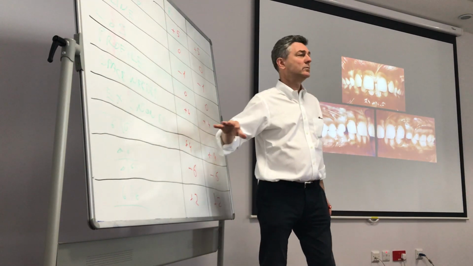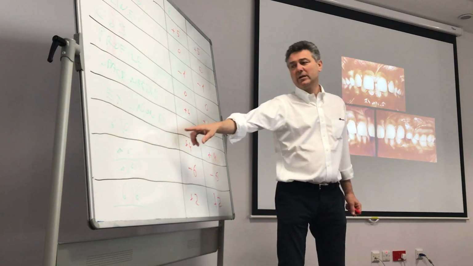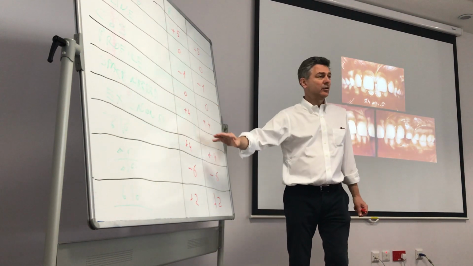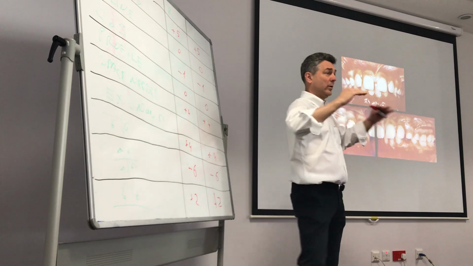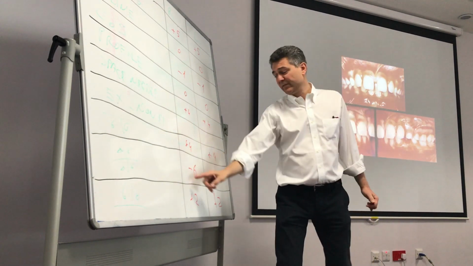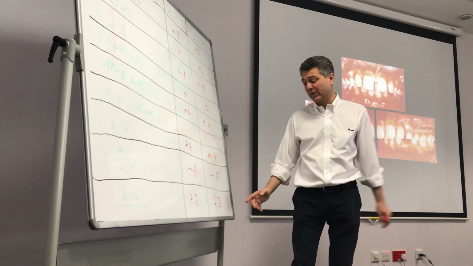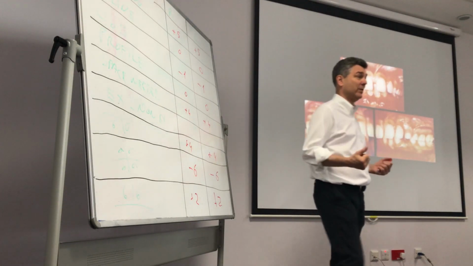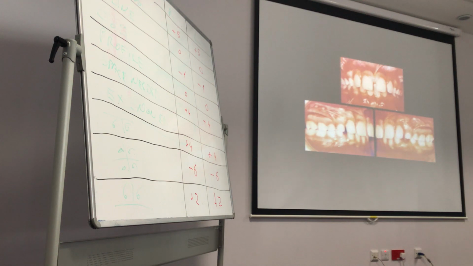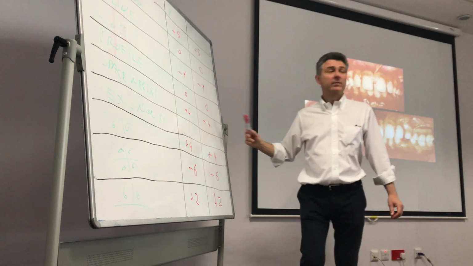This one is because you have space here, so you have to bring the lower molar forward. Since you have this type of molar relationship, if you bring the molar forward 4 millimeters, in order to get to class 1, the upper molar should go back 2 millimeters. But the plus 4 comes out from here.